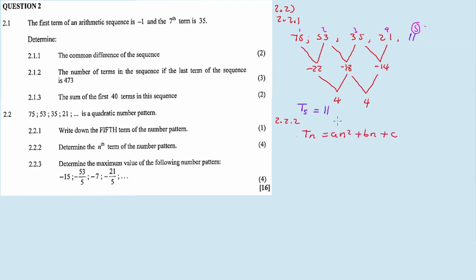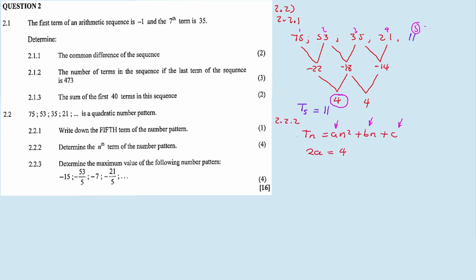Now what we have to do is find the value of a, b and c. There's a set of formulas for finding a, b and c, but unfortunately they are not on the formula sheet.